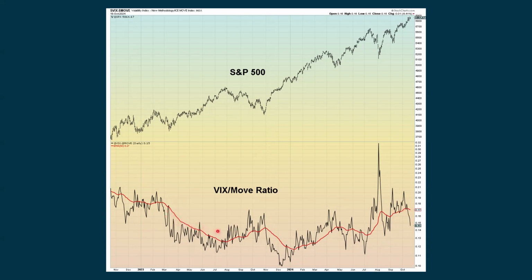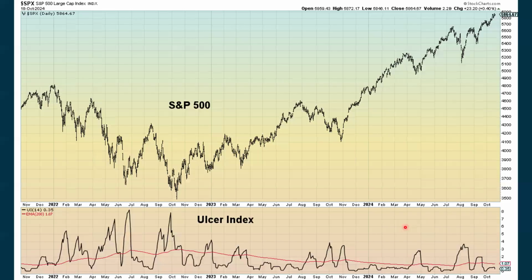When this moving average is going down, stocks can go up. But there are other times when this is going up and stocks are going up. So we have to use other charts to really understand what's going on here. But this really dropping off just means, at least when we look at the ratio of the volatility of stocks to bonds, that stocks have really been going down lately, even though the VIX is giving us a very high reading at the current time.